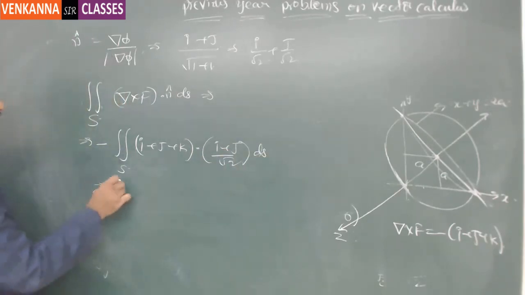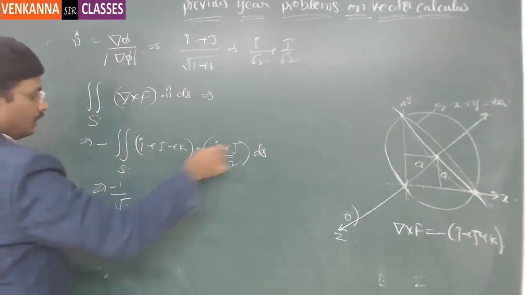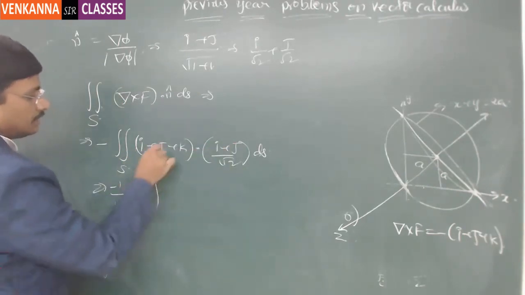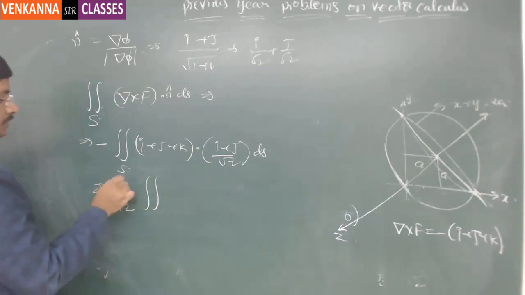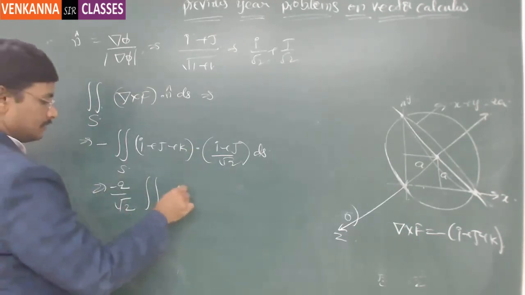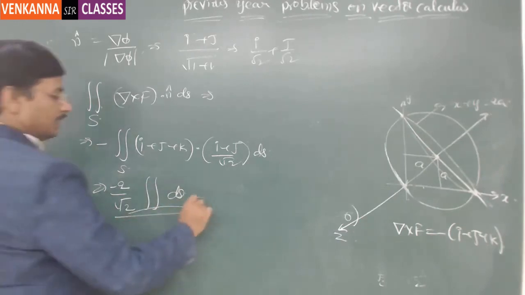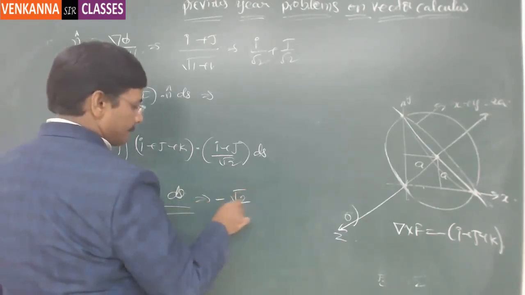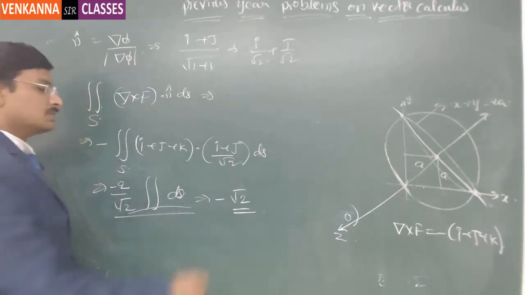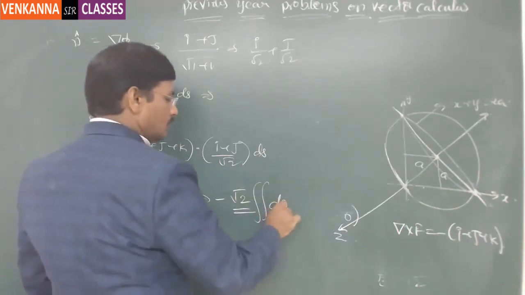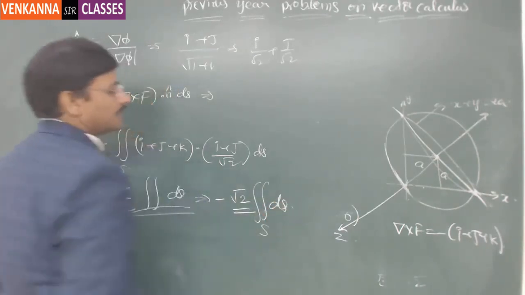So 1 by root 2 you can take it out, minus 1 by root 2, and then I dot I is 1 and j dot j is 1. So this will come as 2 and then ds. So this is minus root 2. So this is minus root 2 integral over the surface ds given by the surface.